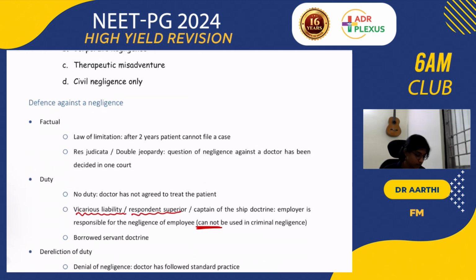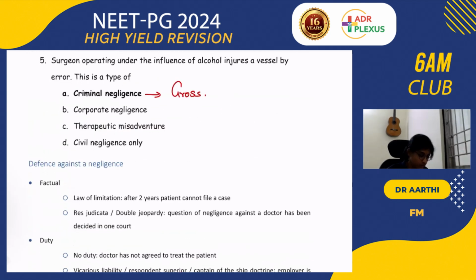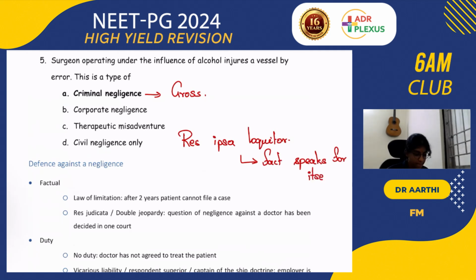Now, apart from it, I would like you all to know another term, which is res ipsa loquitur. So, what is this? Facts speak for themselves. Now, why are we worried about res ipsa loquitur?